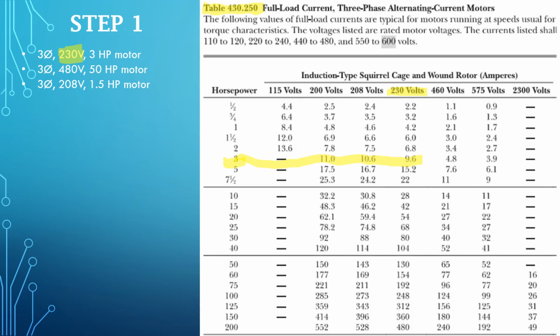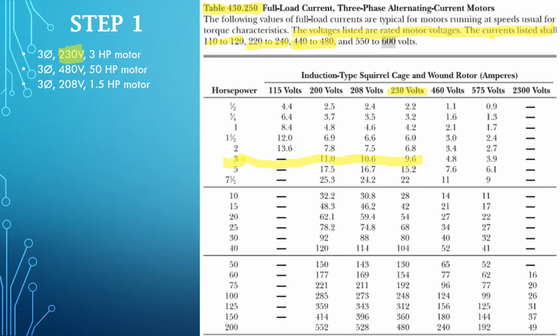Our second 3-phase motor is 480 volts. We see right here it says 460. It doesn't say 480, it says 460. But if we look up here at the top, it says that voltages listed are rated motor voltages. The currents listed shall work for 110 to 120, 220 to 240, and 440 to 480.